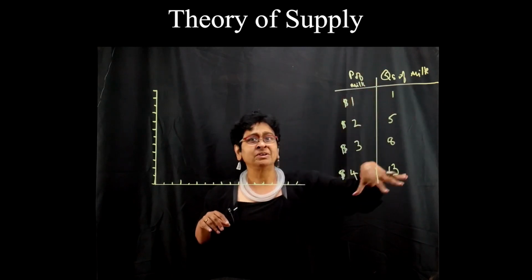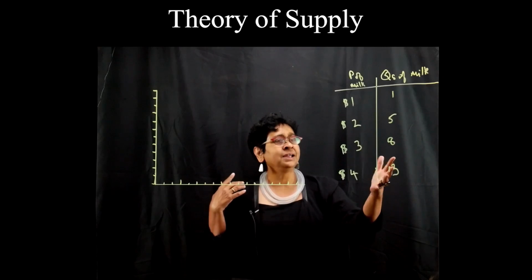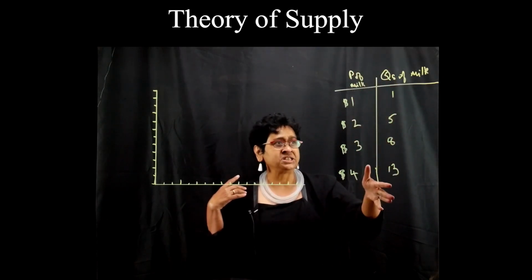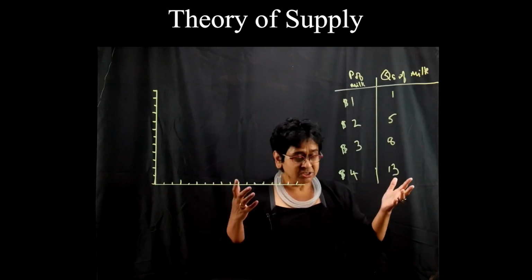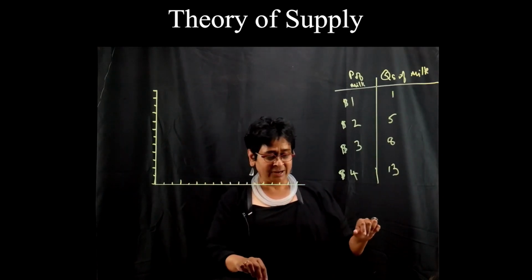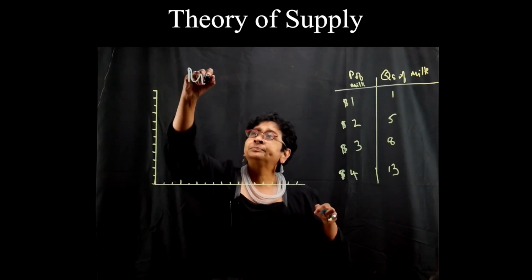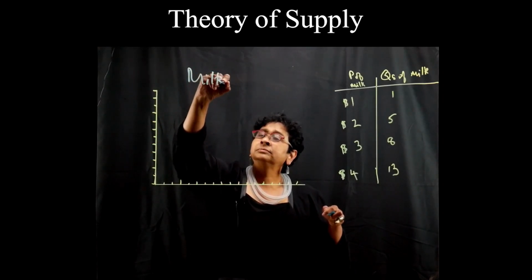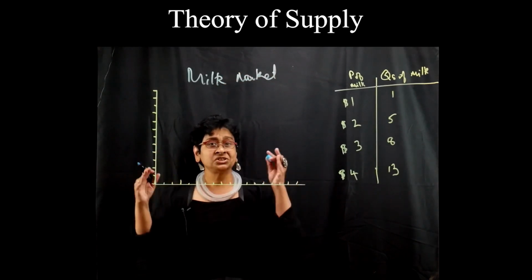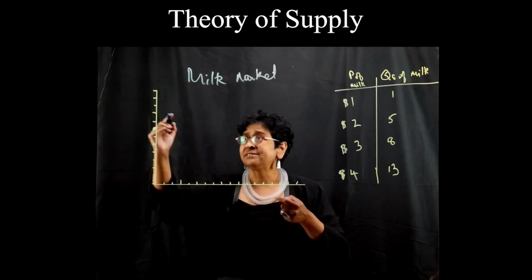All I have here is I have replicated the data from when we generated our market supply, where I added up the supply by each individual supplier to get the quantity supplied of milk. And what I'm going to do is take this data and draw it in a graph. A reminder that in our milk market, unfortunately, given the historical way in which these graphs were originally developed, the axes are flipped.